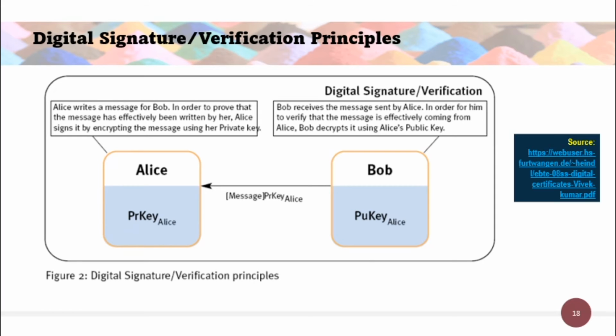In order for Bob to verify that the message is really coming from Alice, Bob decrypts it using Alice's public key. So you can see here, Bob will be certain that Alice really made the message, or if it is a purchase order, Alice really made the purchase order to order something from Bob as the supplier. Okay, this is something like this.